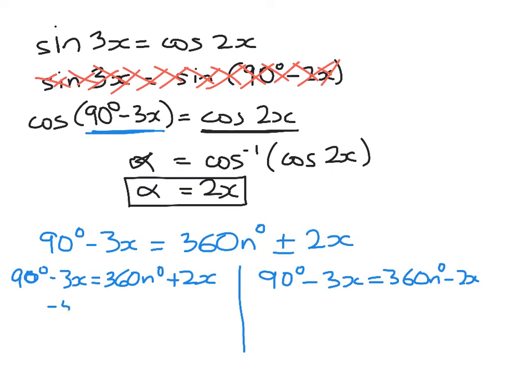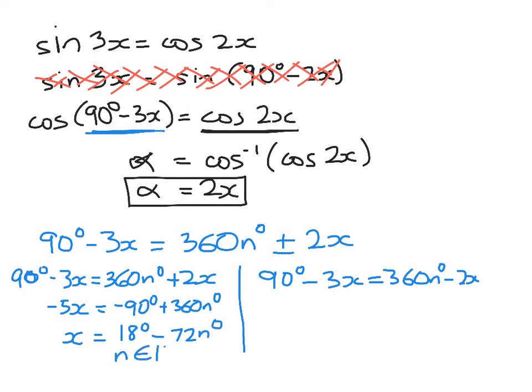So here we have negative 5x equals negative 90 degrees plus 360 n degrees. Dividing everything through by negative 5, I get x is equal to 18 degrees minus 72 n degrees. And remember that n is any integer value there. So that's my first set of solutions.